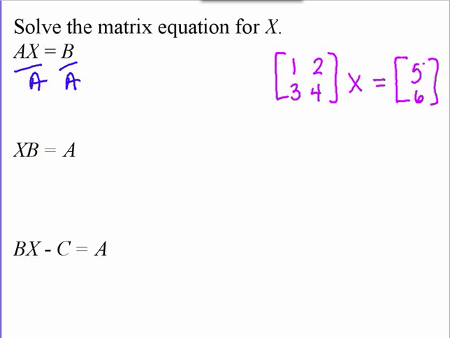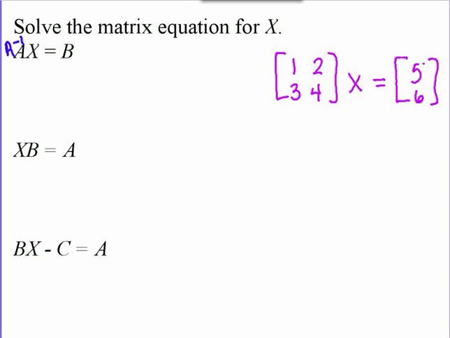So instead of dividing, I'm going to do something that I just learned today, and I'm going to multiply by the inverse. Now, where I multiply by the inverse is pretty important. So if I want to get rid of this a, I have to multiply by the inverse of a right here on the left.